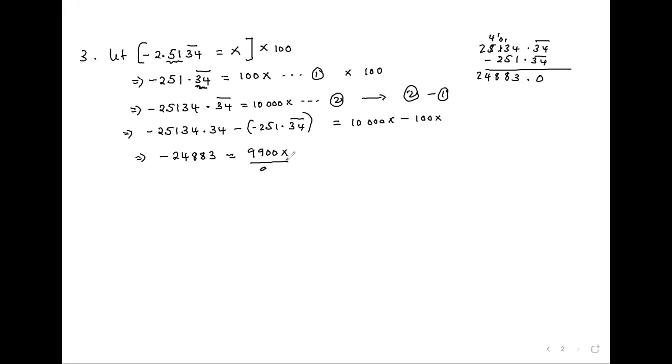Then you divide by this number. So what we have now is x is equal to negative 24,883 over 9,900.